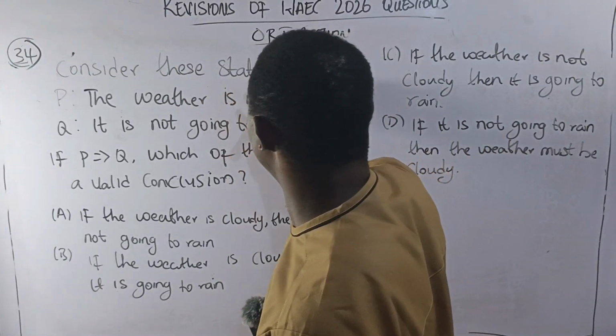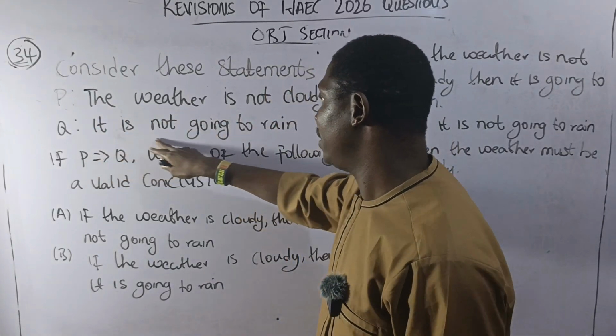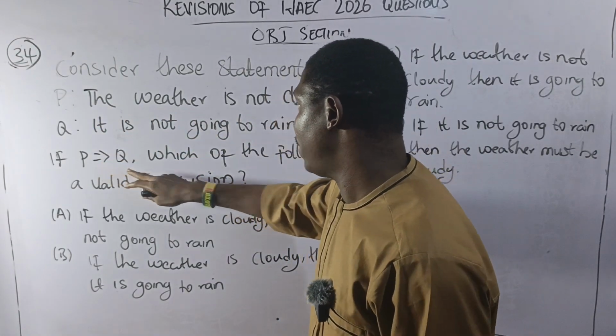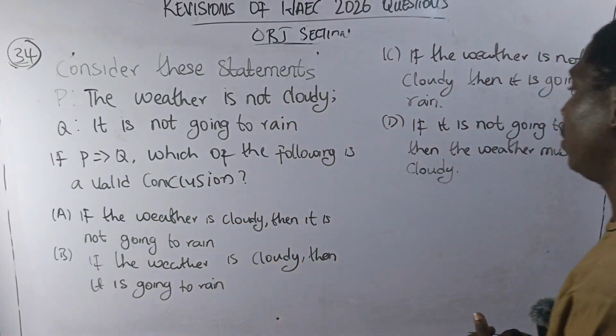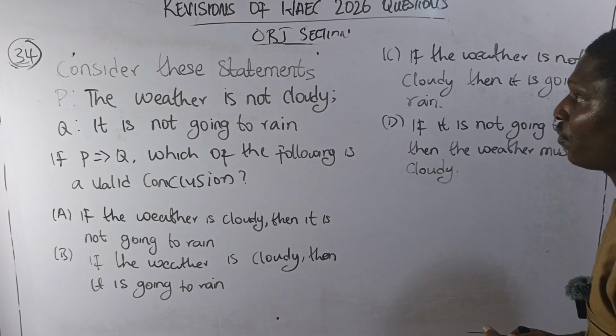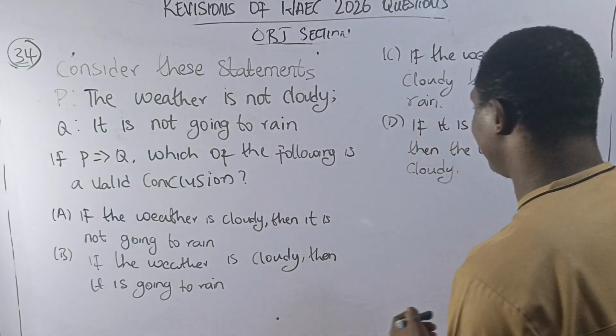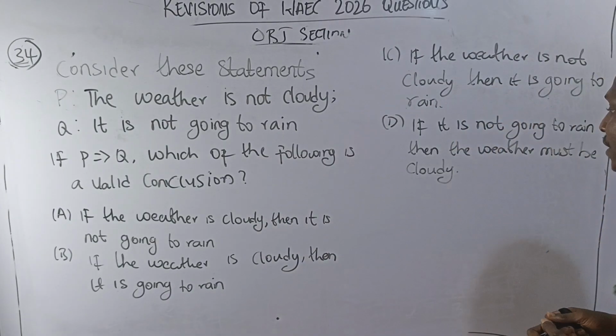We have question 34. It said consider these statements. P, the weather is not cloudy. Q, it is not going to rain. If P implies Q, which of the following is a valid conclusion? To get a logically valid conclusion from a conditional statement is to make use of the contrapositive of that conditional statement.